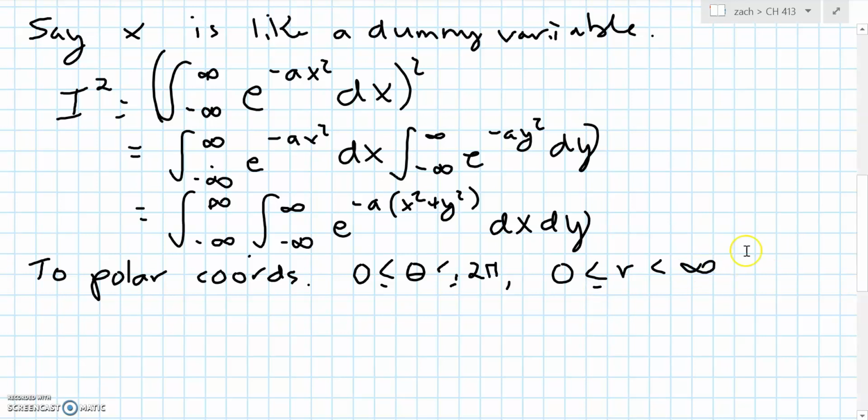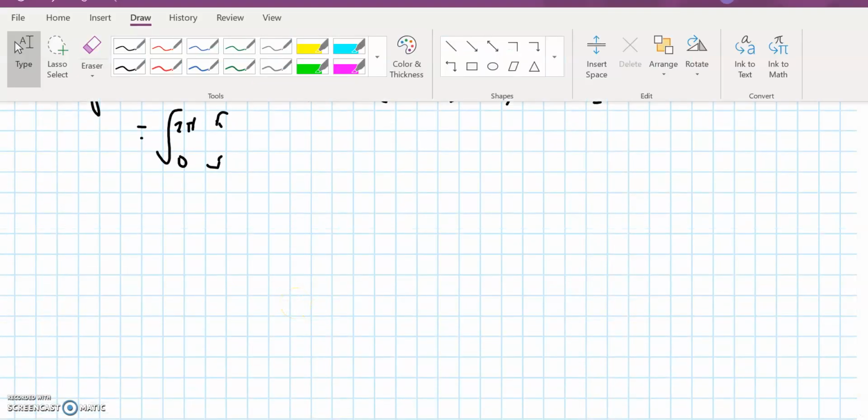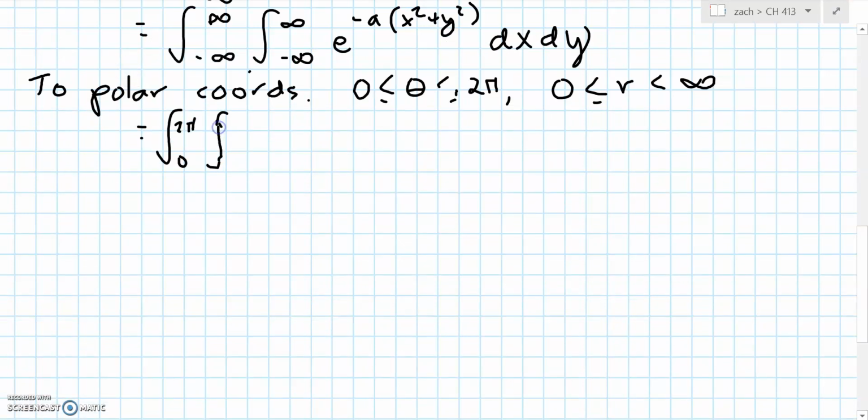So if we want to convert this then, a conversion to polar coordinates would get us the integral from 0 to 2 pi, and then we have the 0 to infinity.